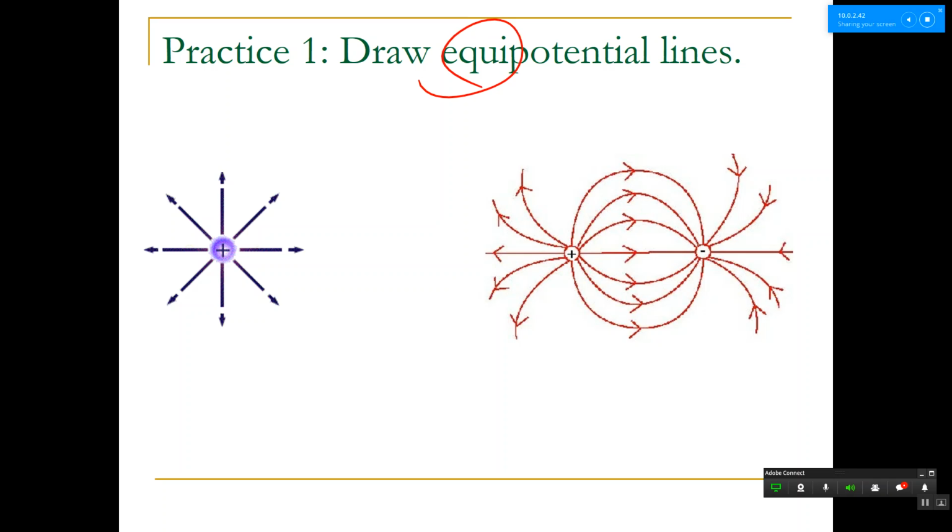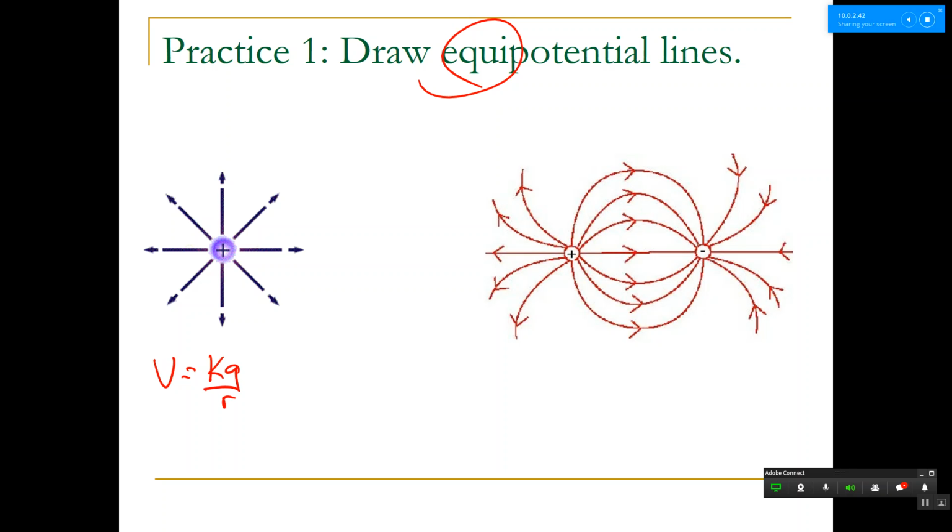What would that "equi" in equipotential mean? Equal. So these are lines that pass through areas that have the same potential. I'm going to ask you guys a question here. We said that potential is equal to kQ over r.